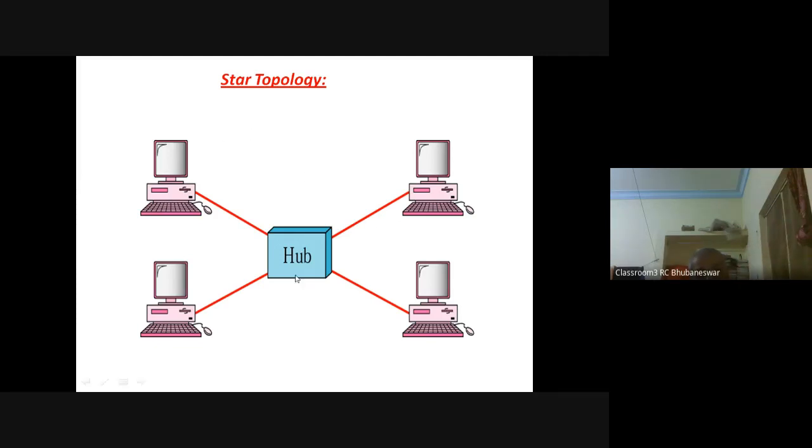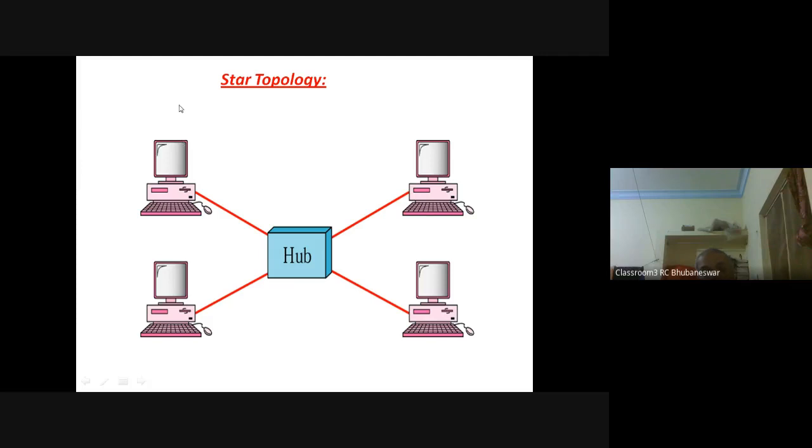But in star topology there is a central controller known as hub. There is a center, means each node has a point to point connection with a central controller known as hub. Means let A is connected with hub, B device is connected with hub, C node is connected with hub, D node is also connected with hub.